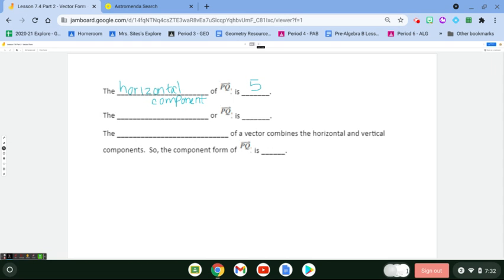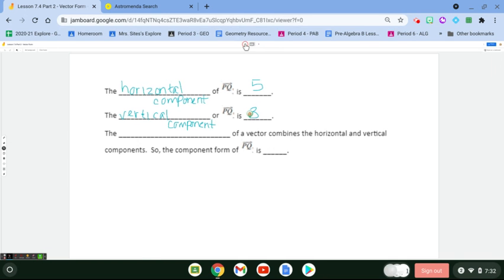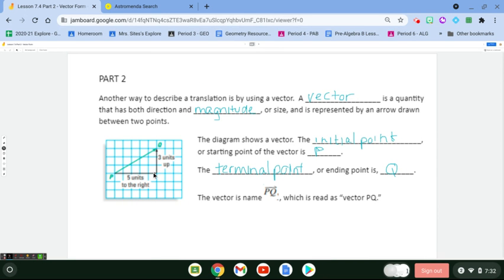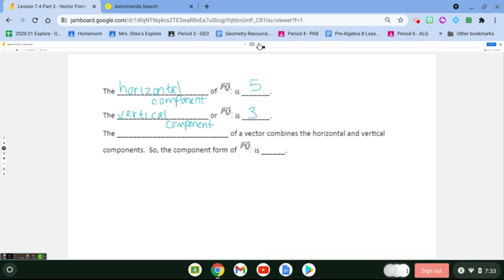The vertical component, and vertical means going up and down, of vector PQ would be 3. Going back to the picture, you can see that it's going 3 units up. I like to think of this as rise over run again, because we're going 5 units to the right and 3 units up. So the horizontal component is 5, and the vertical component is 3.